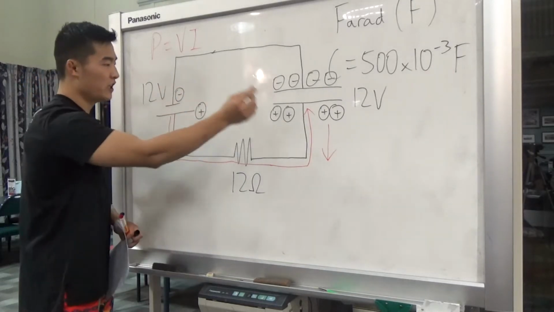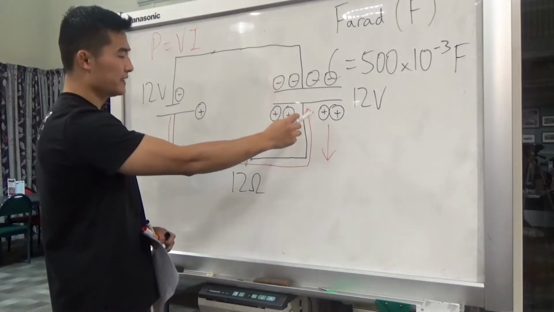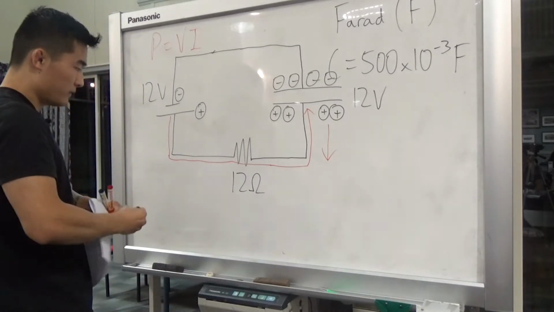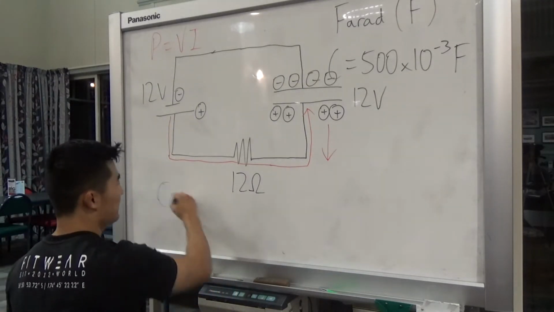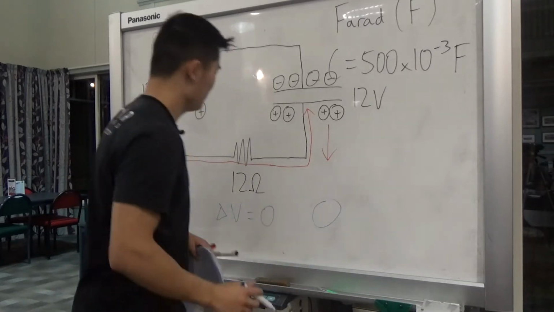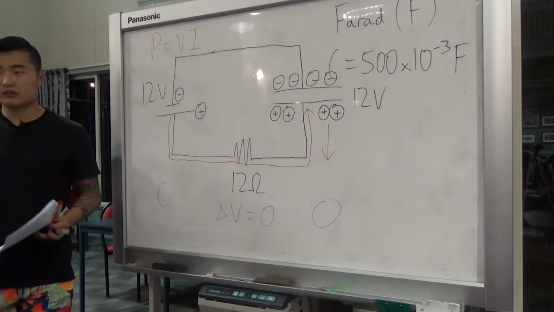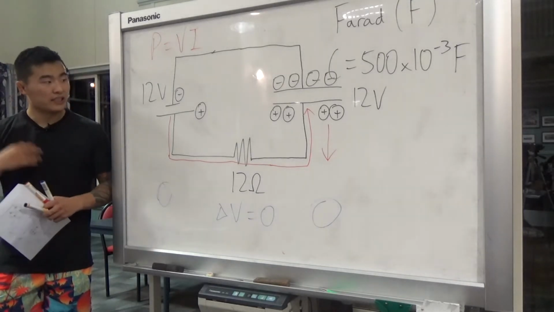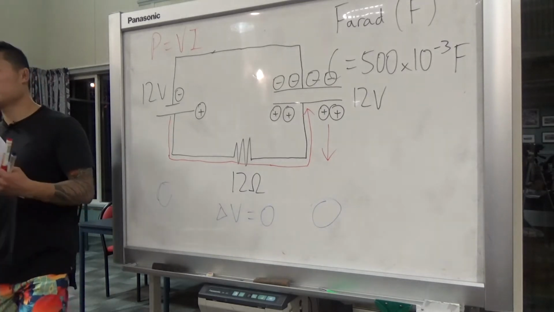So they'll both be 12 volts, which means that there will be no potential difference between this side and this side. Delta V is equal to 0. And when that happens, the current will stop flowing. And when current stops flowing, there's no more power being generated, which means that the light goes off.